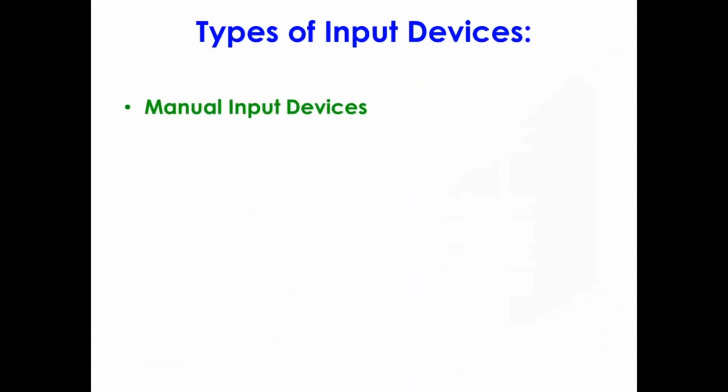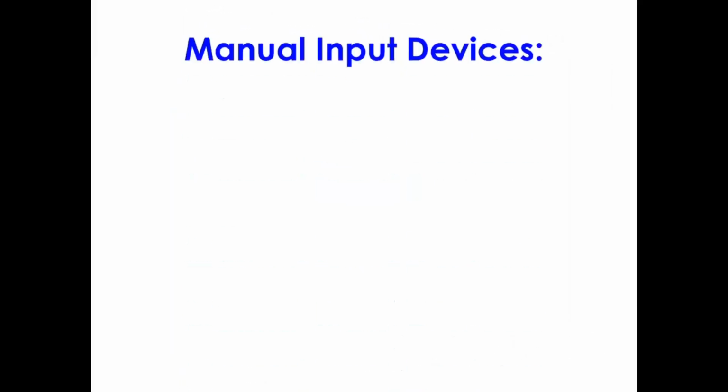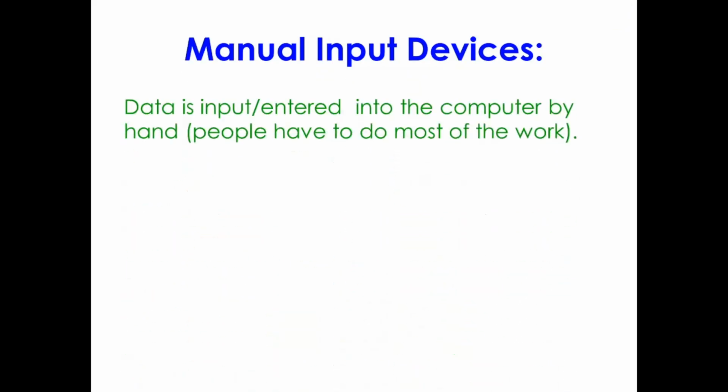We have broadly two types of input devices, or the input devices can be grouped into manual input devices and direct input devices. We will be covering both of them in detail. So what are manual input devices?